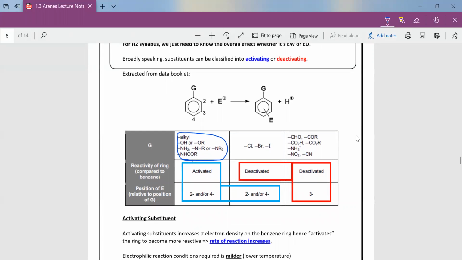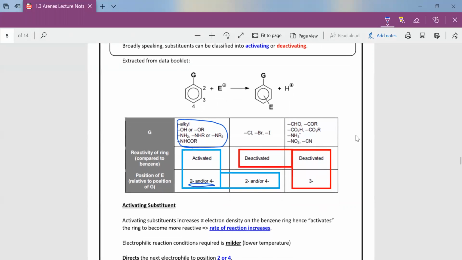They're normally activating, and they will direct the next substituent to position 2 or 4. But for those that are unsaturated, normally they will deactivate the ring and will only direct the next substituent to position 3.